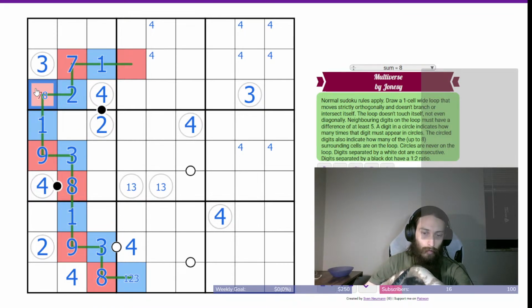So that's a 7, that's an 8. And we get a 9 here because of the 2 9s. This path has to continue here because we can't go up into the 4.